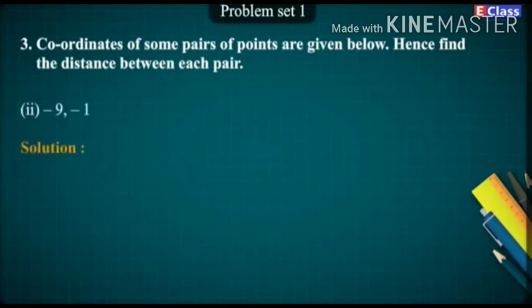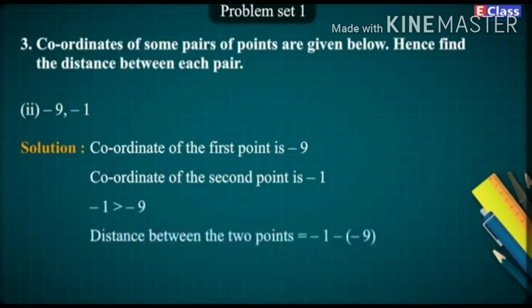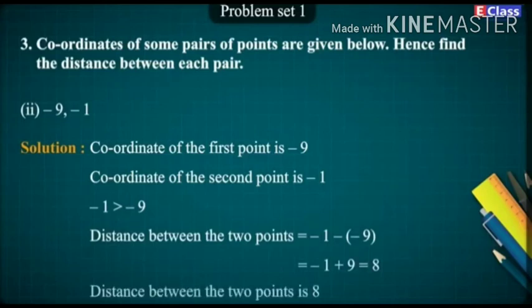Solution. Coordinate of the first point is -9. Coordinate of the second point is -1. -1 is greater than -9. Distance between the 2 points is -1 - (-9) = -1 + 9 = 8. Distance between the 2 points is 8.